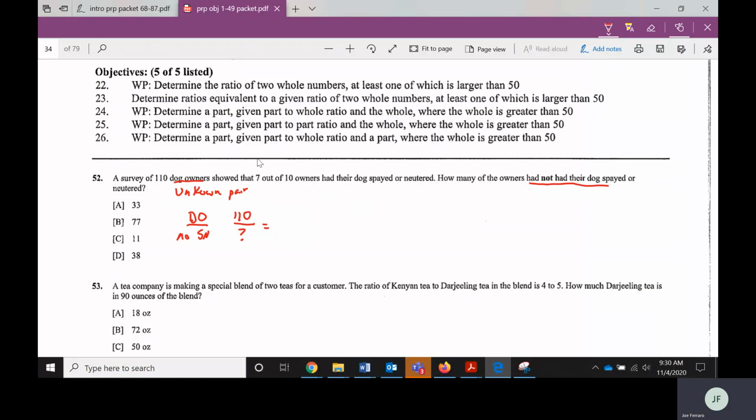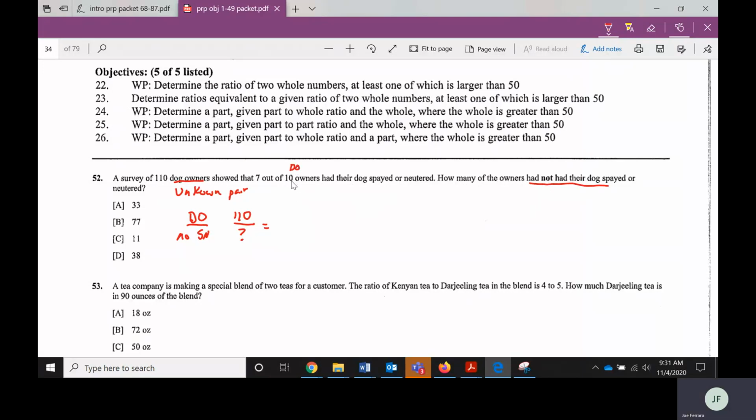So what we have here now, if you've done these in the past, a lot of times you're just using these 2 numbers and putting them in here. Sometimes that can work, either 7 over 10 or 10 over 7. But we really need to look at the unknown pair. It talks about dog owners and how many did not have them spayed or neutered. This known pair, this would be the dog owners.